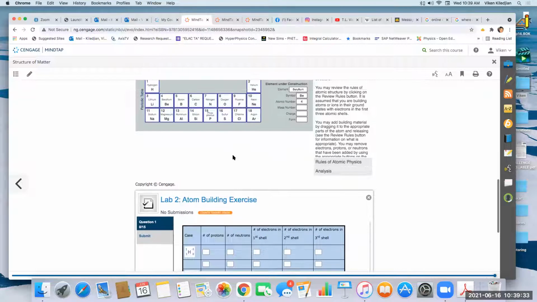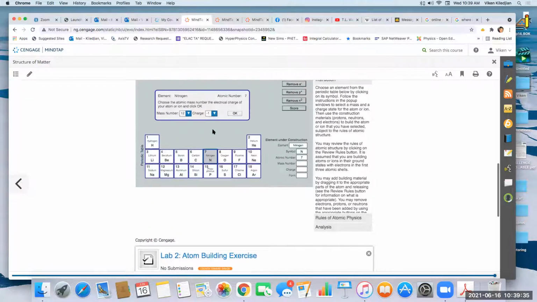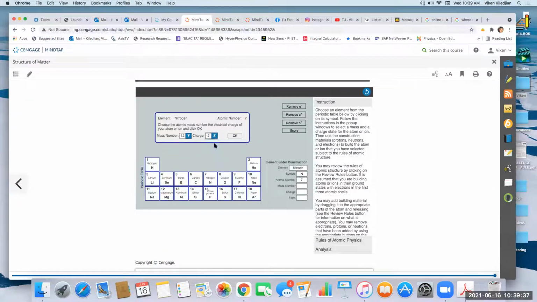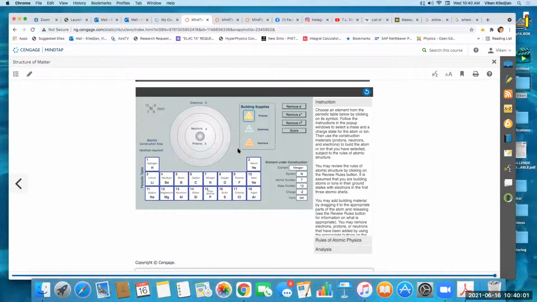Let's say nitrogen, let's say the charge was -2. So nitrogen has atomic number 7. Mass number, you can change it here, 13. So then mass number would be 13. Charge would be -2.